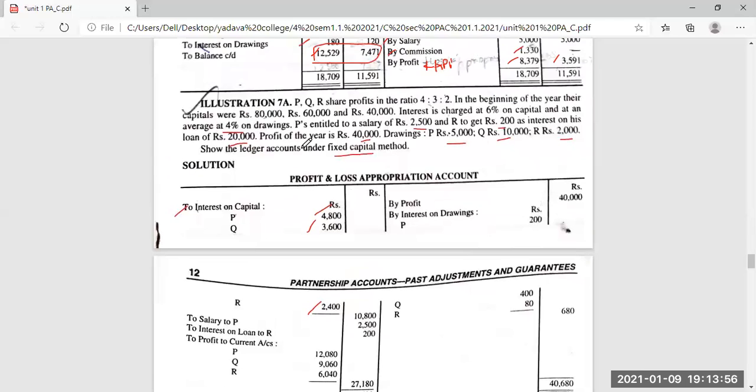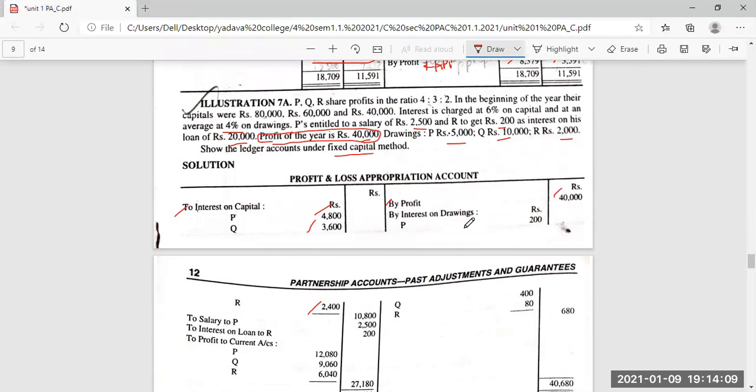Before moving on to this, there is a profit. The profit of the year is 40,000, they have mentioned. So by profit 40,000. Then interest on drawings for P 200, Q 400, R 80.